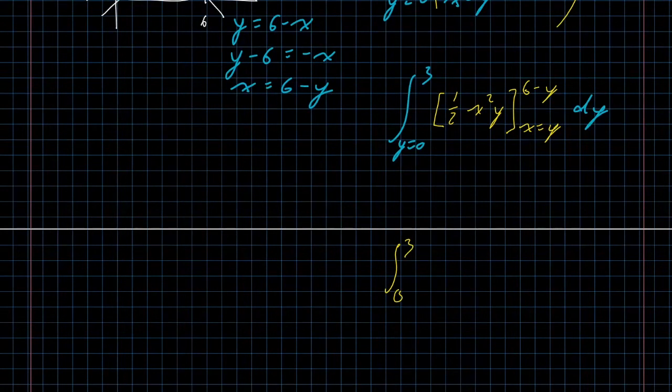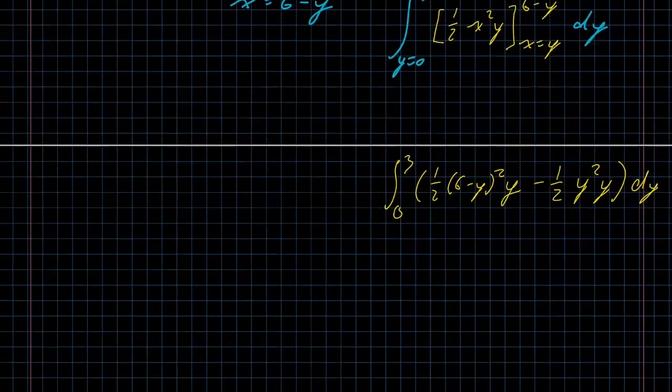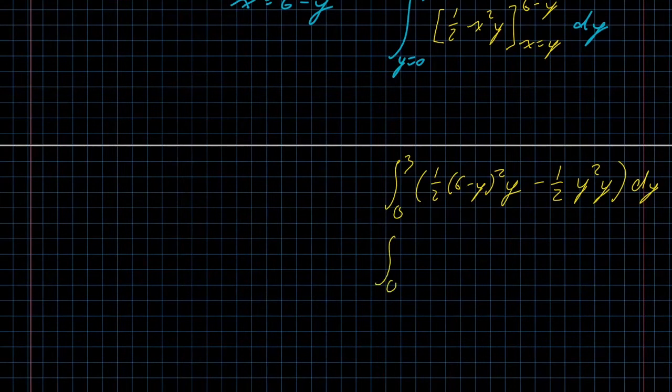When x equals 6 minus y, we have 1/2 times 6 minus y squared times y. When x equals y, we have 1/2 y squared times y. Now, 6 minus y, the whole thing squared, is going to be 36 minus 12y plus y squared.